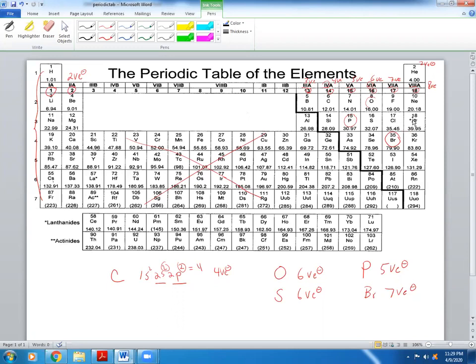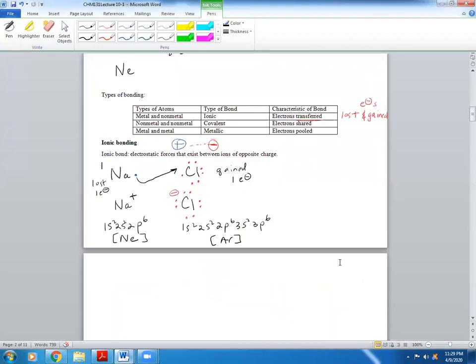What happens if you have the same electron configuration, or the same electrons? Well, we call this, in this case, since Cl minus and argon, those are called isoelectronic.